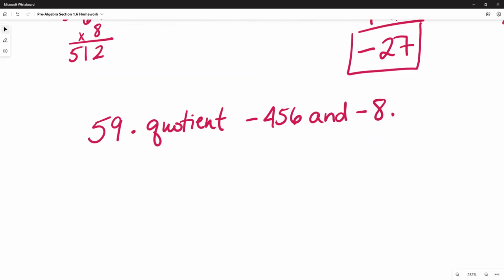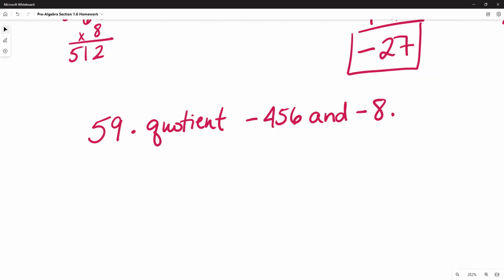Call it a sum. The answer to a subtraction problem? Difference. What's the answer to a multiplication? Product. But the answer to a division is your quotient.